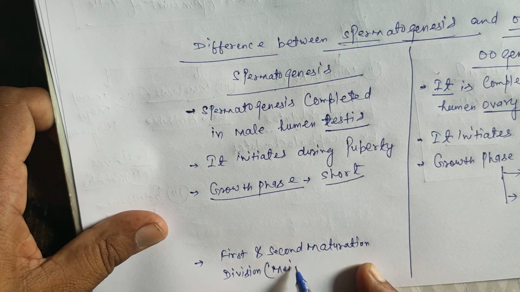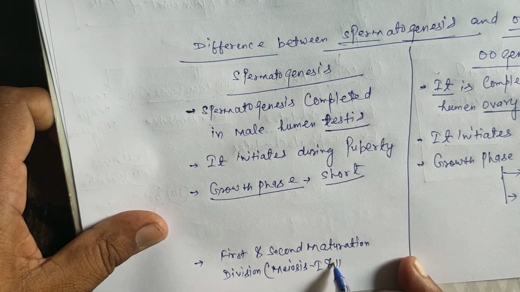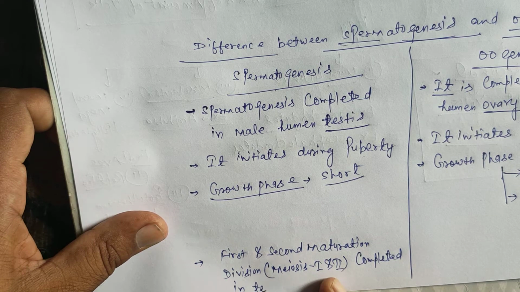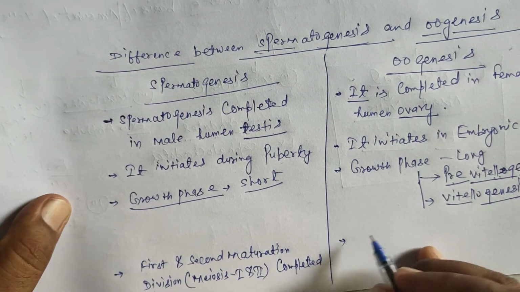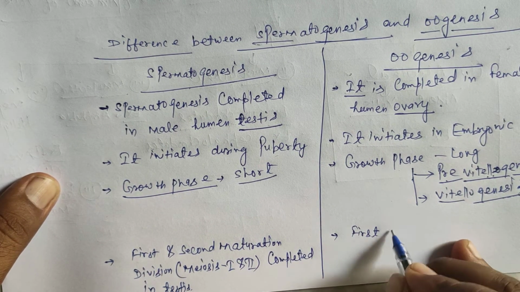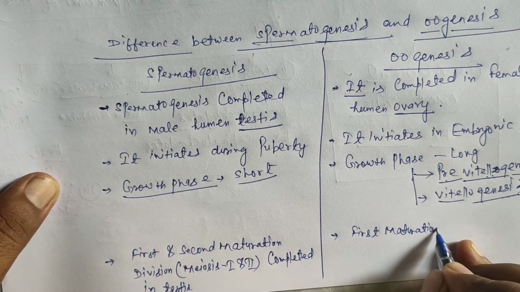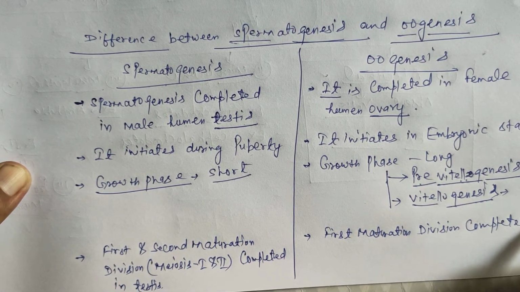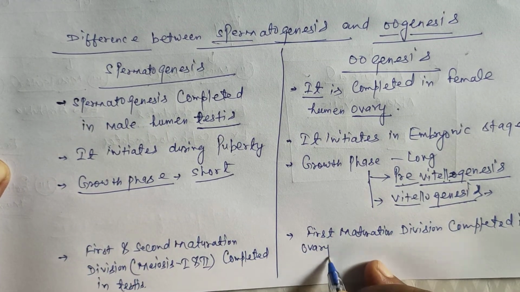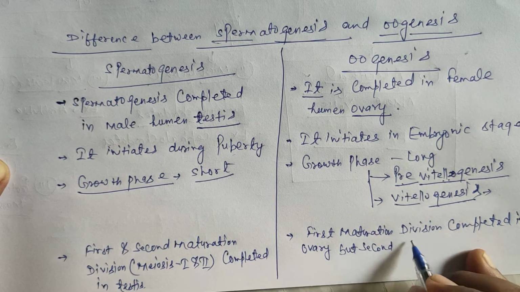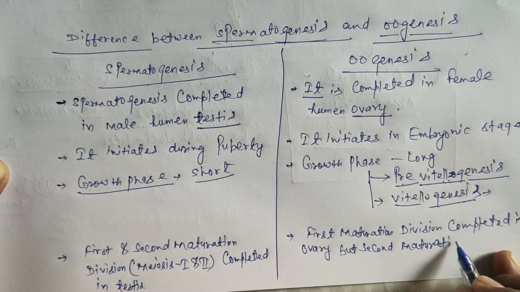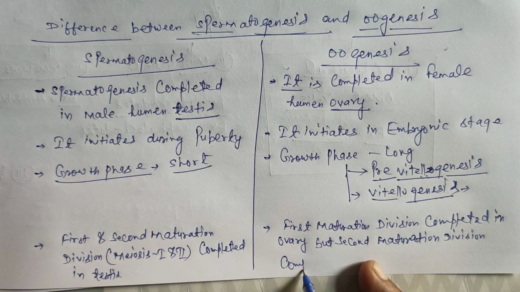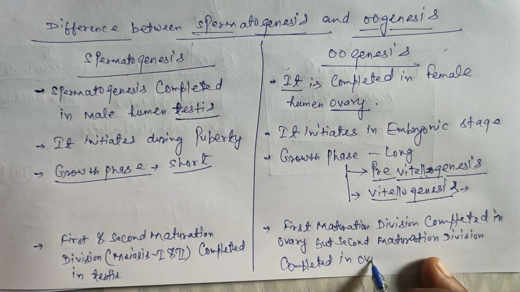It means meiosis first and second are completed in the testis, but in oogenesis the first maturation division is completed in the ovary, but the second maturation division, or meiosis second, is completed in the oviduct.